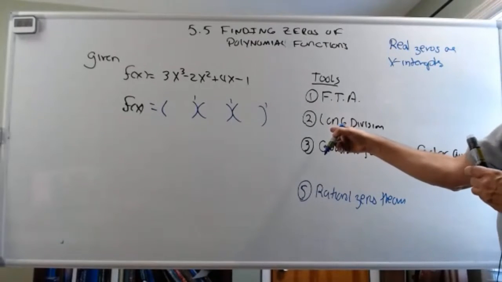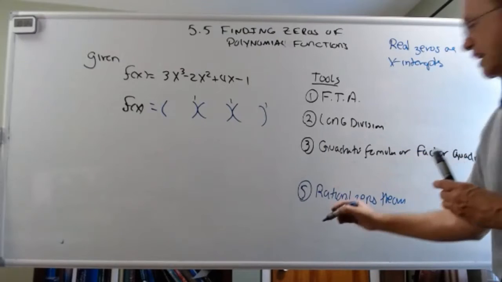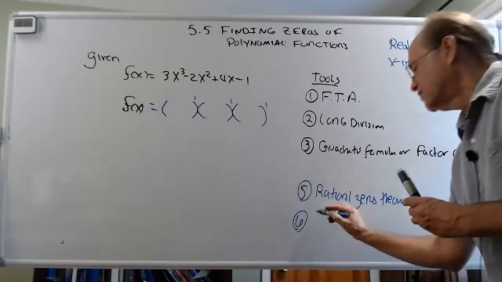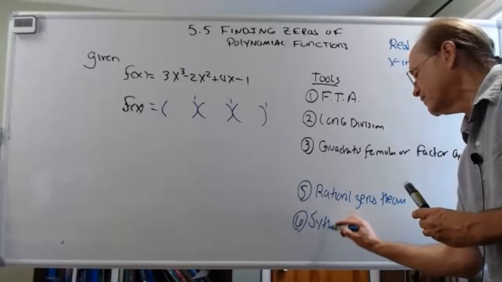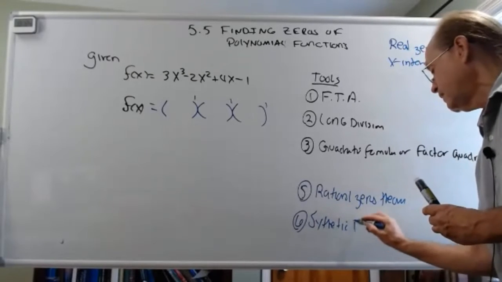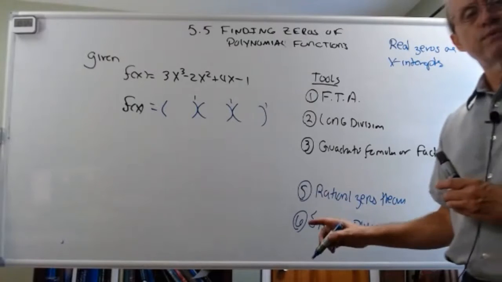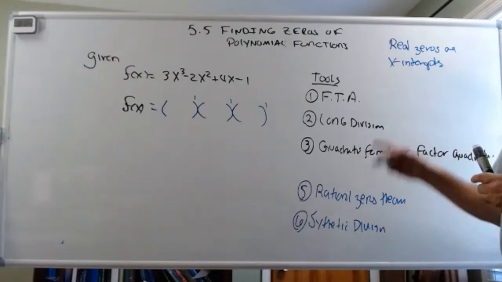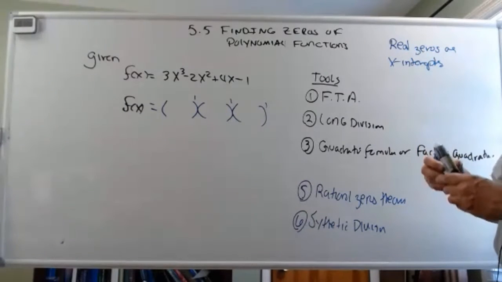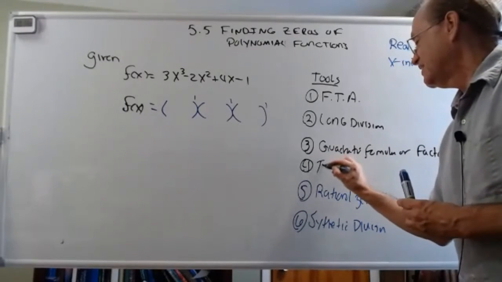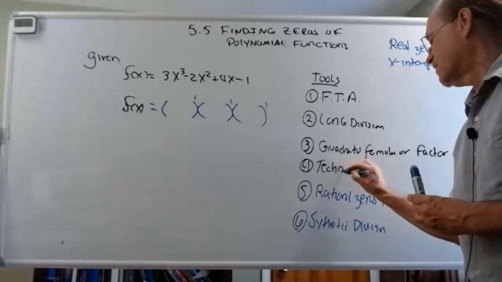But sometimes they would actually use long division. They would use something called synthetic division. These were all very useful tools years ago, before we had what we're going to be using, which is technology.